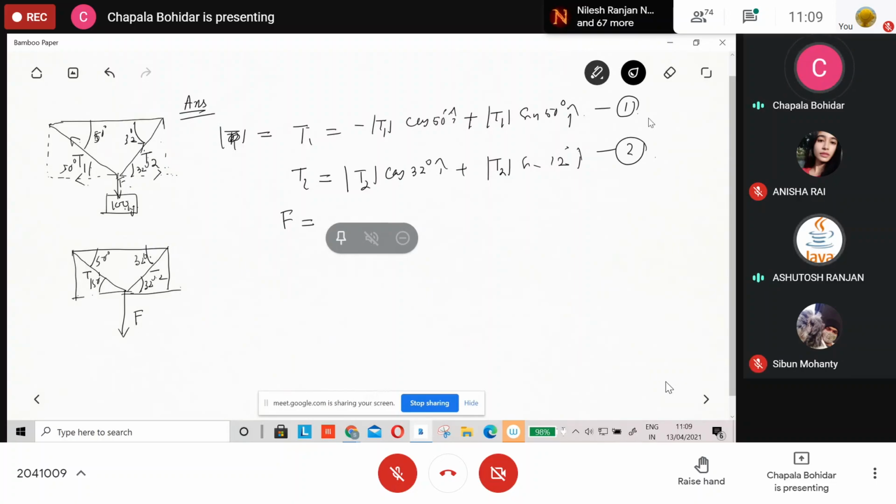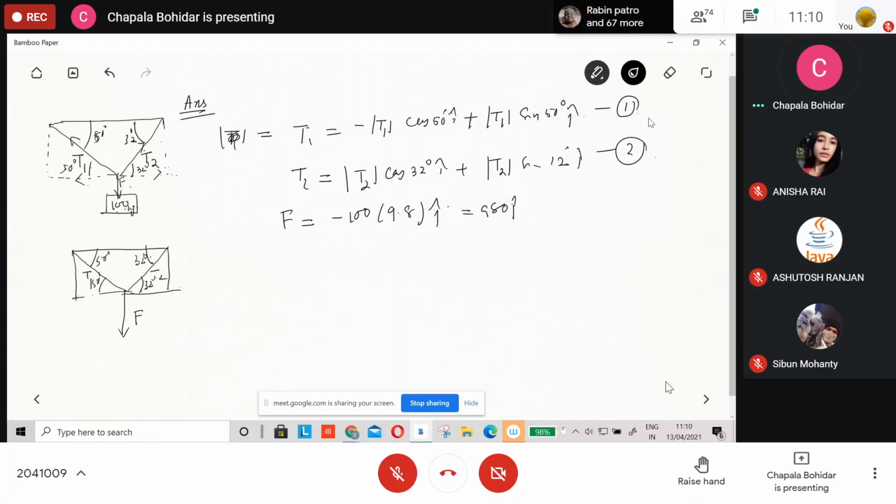The mass is 100, negative side downward, so it is minus 100 into 9.8 j cap. It is our j cap. Clear? So we get here minus 980 j cap.